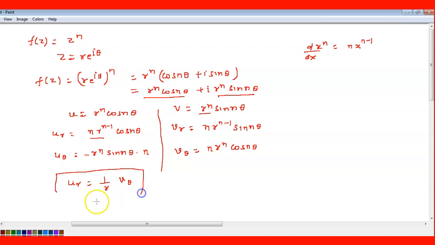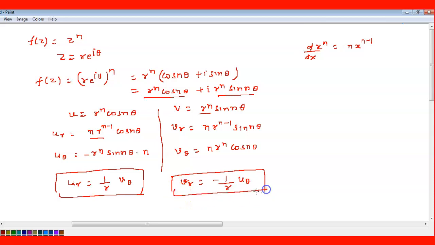And here if you divide with r, we will get the same as v r. v r is equal to minus 1 upon r of u theta. Getting till here? So both conditions hold, then you can write this f of z is equal to z to the power n is analytic.